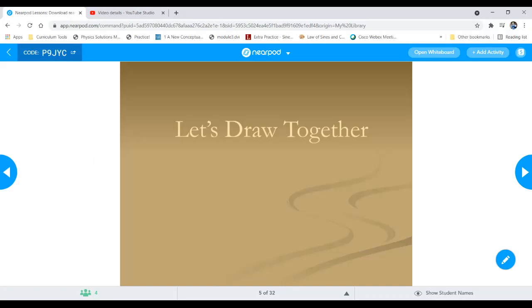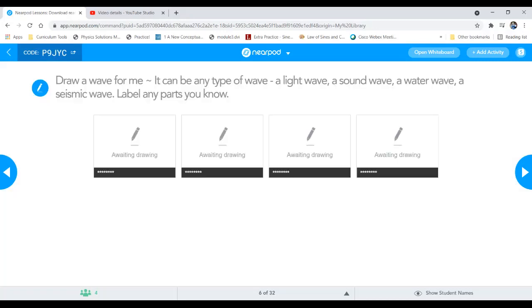And we are going to do a little drawing activity. I want you to draw a wave for me, any type of wave: a light wave, a sound wave, a water wave, a seismic wave.